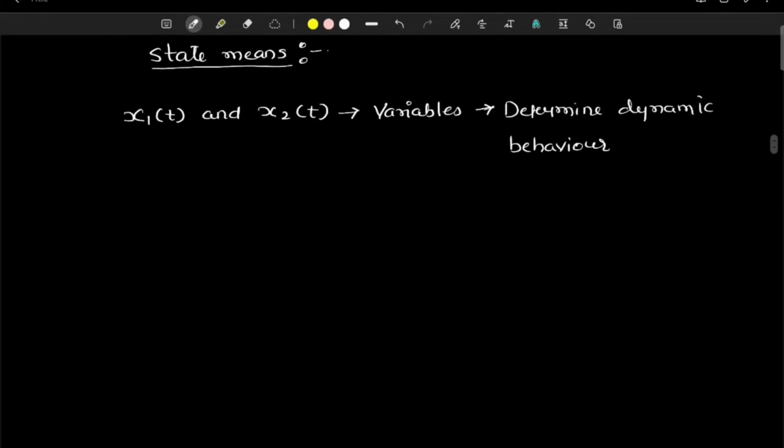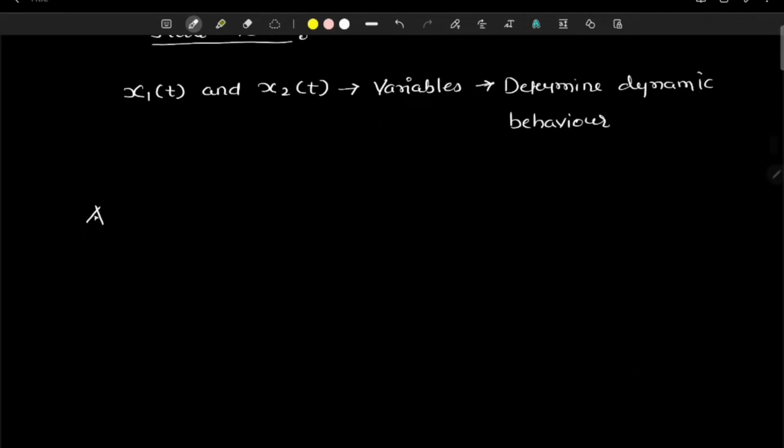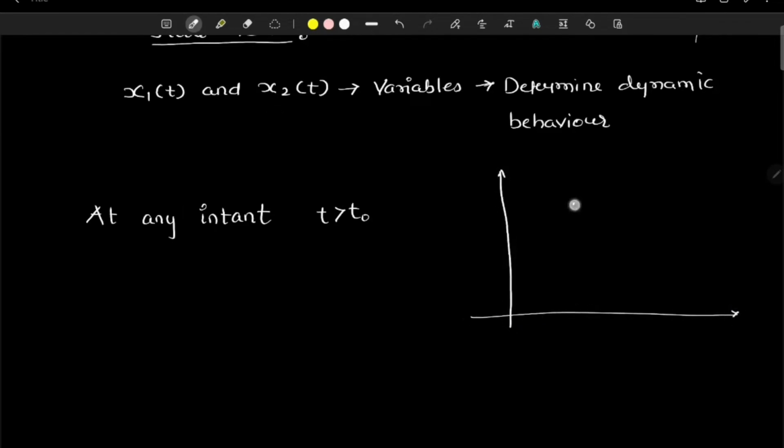Okay, now at any instant, suppose at any instant, if I am talking about any instant, it means the initial condition should have some finite value. At any instant, suppose when t is greater than t naught, the state of the system is determined by this value at any instant. Suppose this is at t equal to t naught.